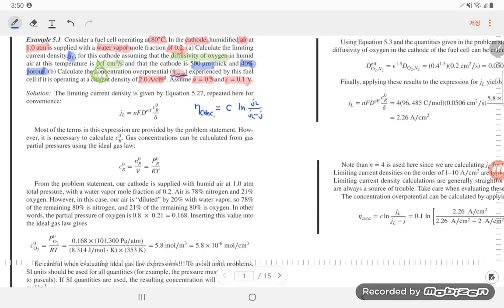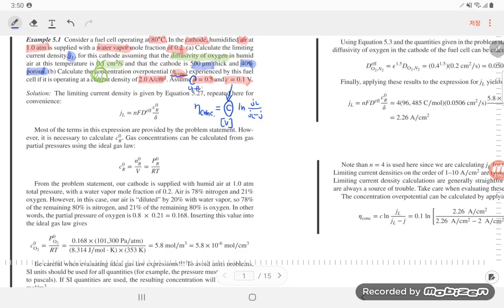And in here, C has the unit of volt, because this term is unitless. That's why we should get the unit in C as a volt. So this C is 0.1, and what is alpha in here?